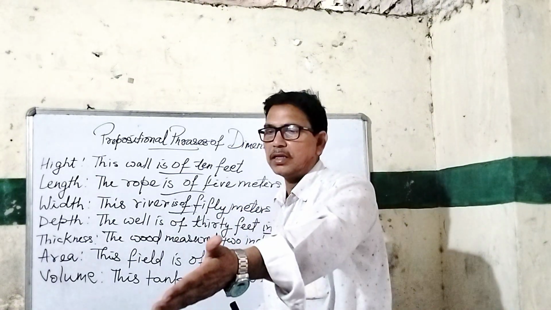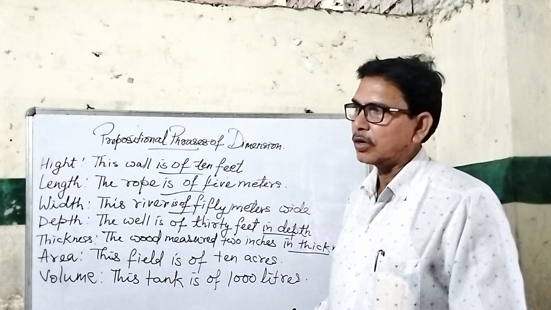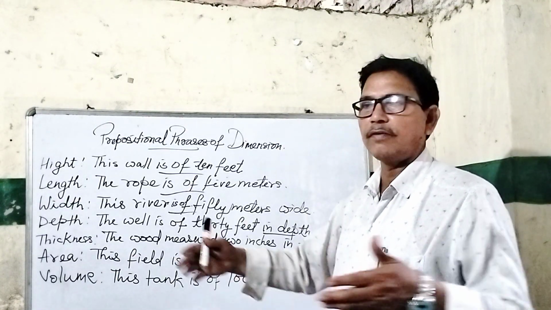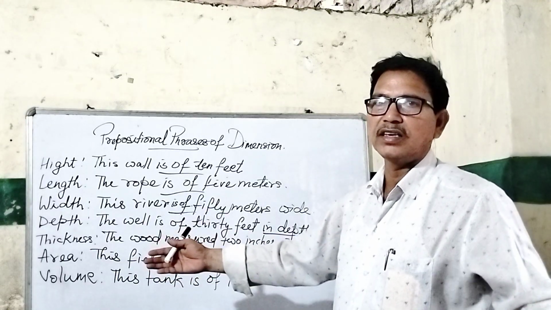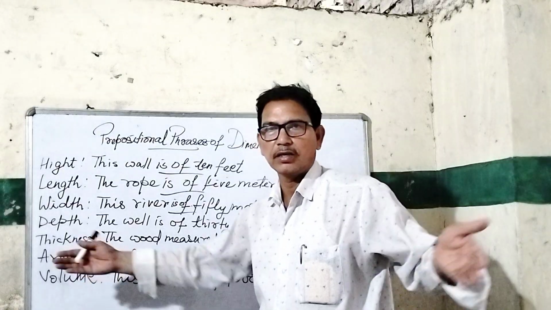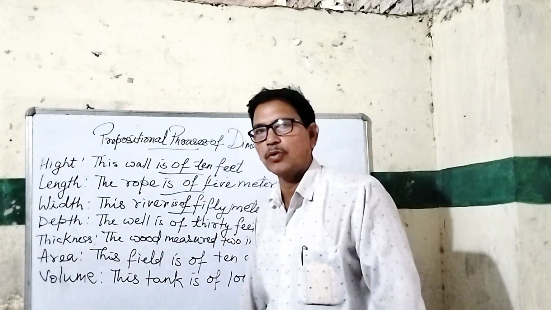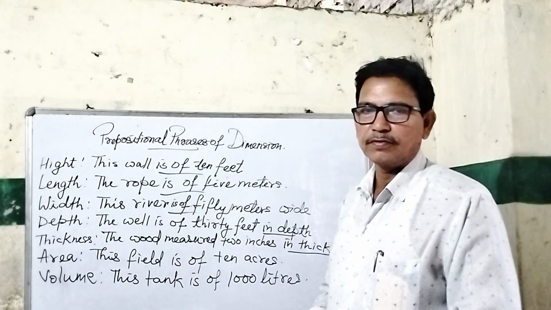The width or breadth of this bench is 2 feet. The breadth of the road or width of the road is 20 feet. Mostly we see that the width of the road is 20 feet, 25 feet. Like this we see.